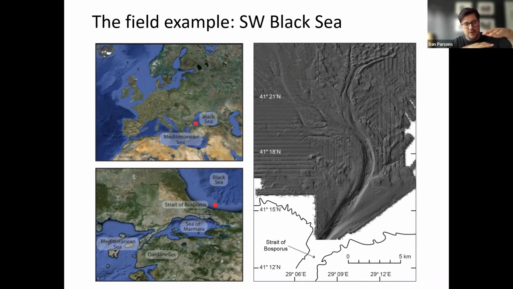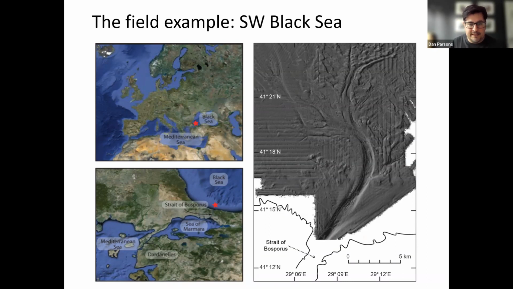And that density contrast between the Mediterranean, which is more saline, and the Black Sea, which is less saline, as a result of many of the river inflows into the Black Sea, results in this continuous exchange of fluid.